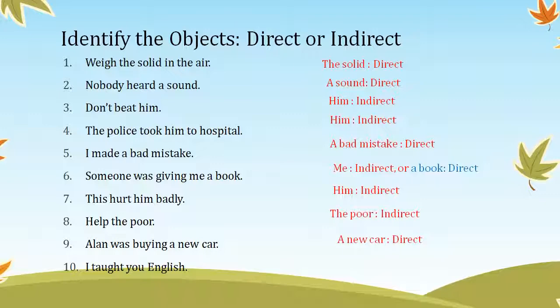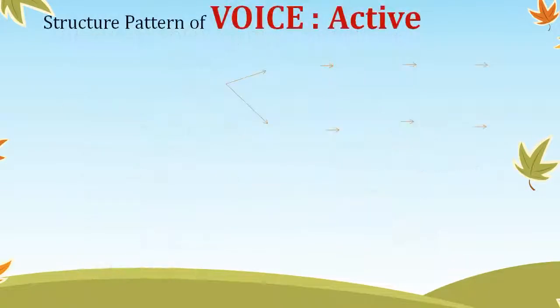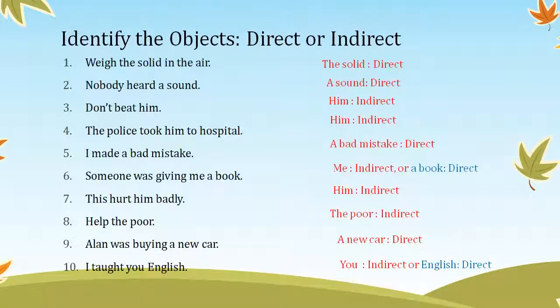"I taught you English." What is that? "You" is indirect and "English" is direct. This means this verb "taught" is also taking two objects, both direct and indirect object. So in this way we are learning about objects. We are learning about the types of sentence.